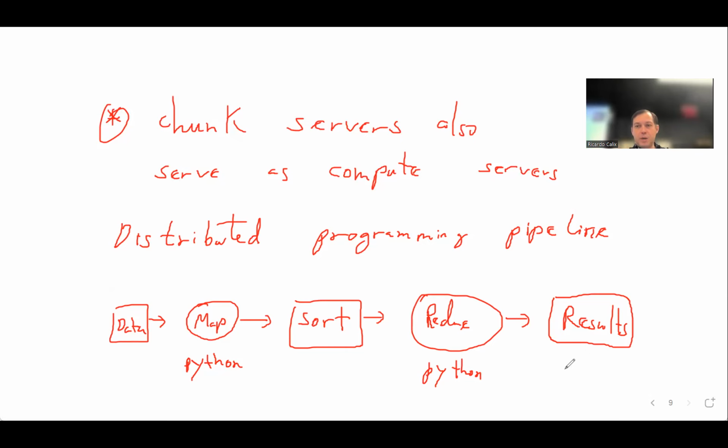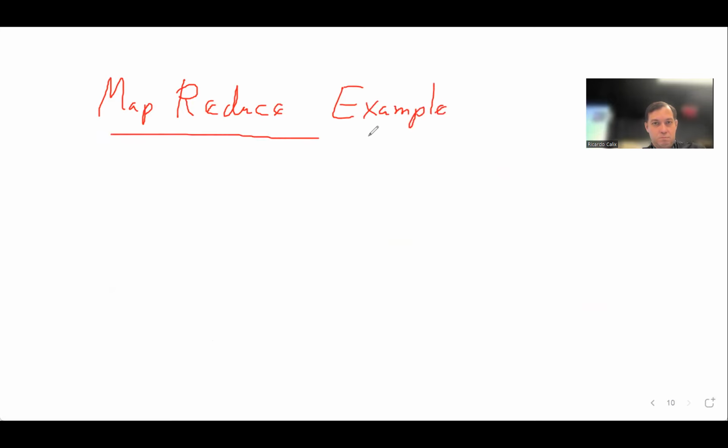That's basically the idea. All right, so let's do a MapReduce example here. Imagine that you have a file.